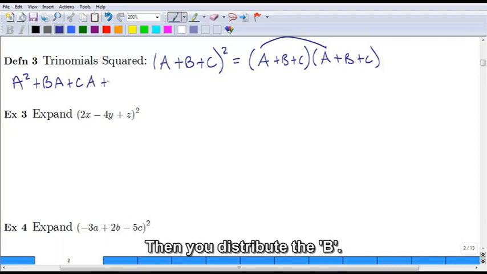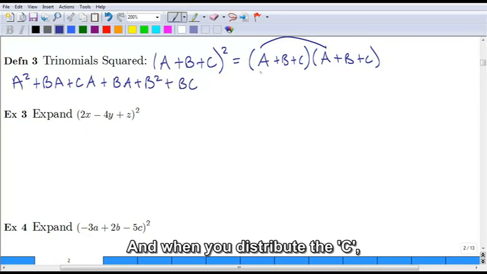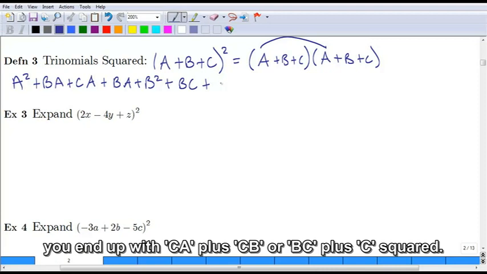Then you distribute the b, you get ba plus b squared plus bc. And when you distribute the c, you end up with ca plus cb, or bc, plus c squared.